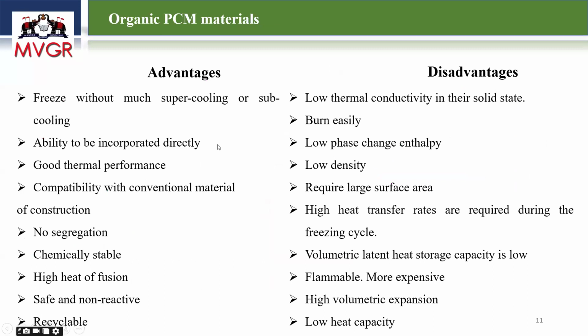So what are the advantages and disadvantages of organic phase change materials? The main advantage of organic phase change materials is that they have very low supercooling and subcooling values. Let us see what this supercooling and subcooling terminology actually is.